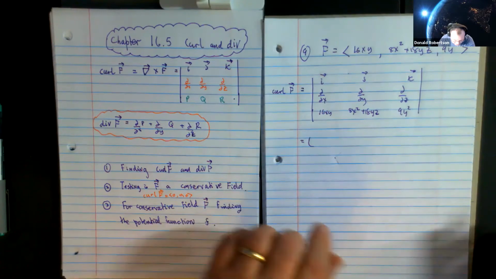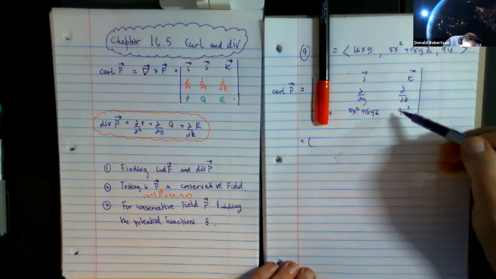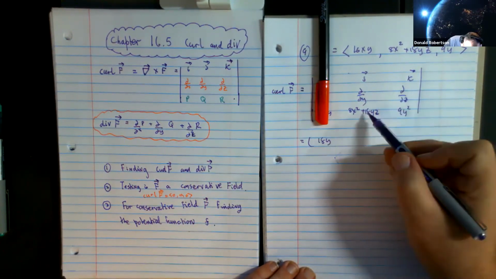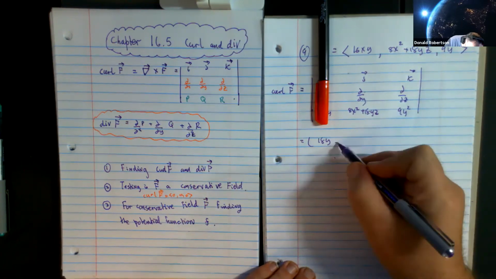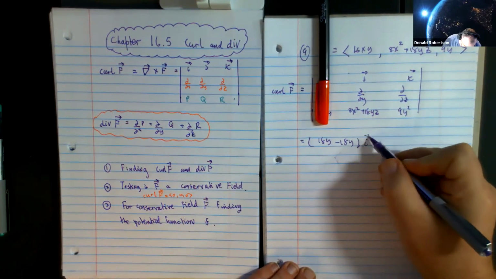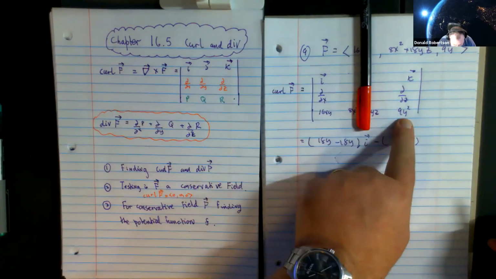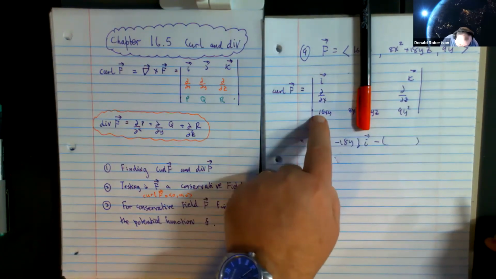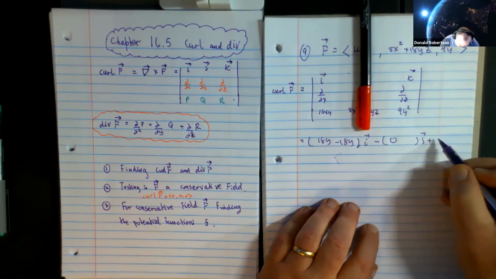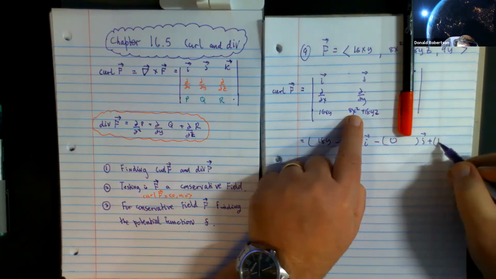Okay, let's do the first one, the i's. You differentiate this guy, you get 18y. You go this way, that's 18. So 18y, take away 18y, that's a good start. You do this with respect to x and you get 0. You do this one with respect to z and you get 0. And you do this one with respect to x and you get 16x.